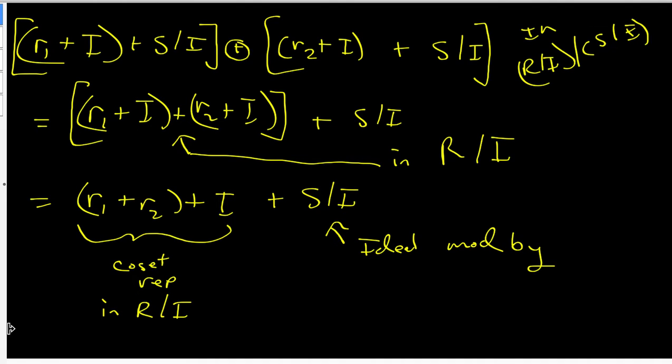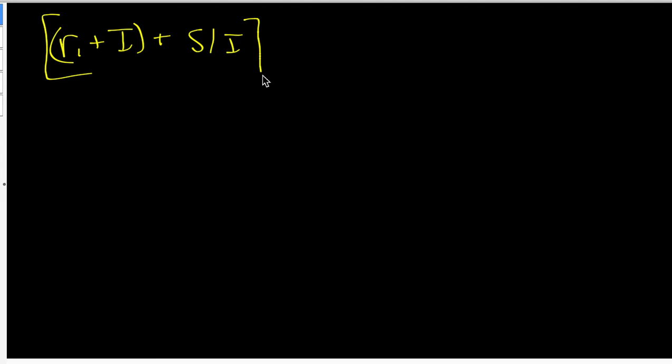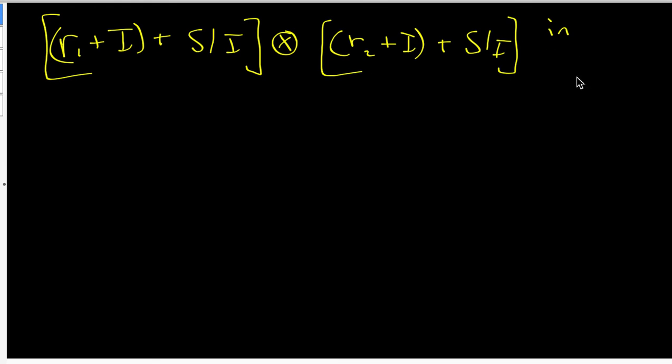Well, what about coset multiplication? So let's turn our attention to that. r1 plus I plus S mod I times the coset r2 plus I plus S mod I inside our ring R mod I modded out by S mod I is going to look like this.